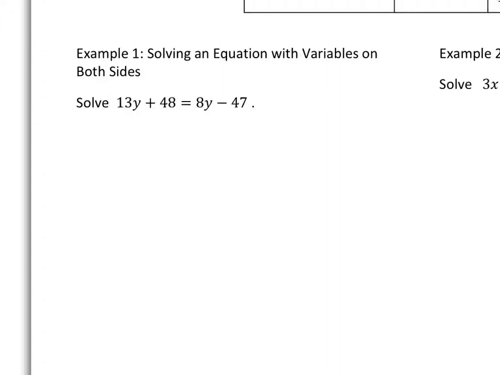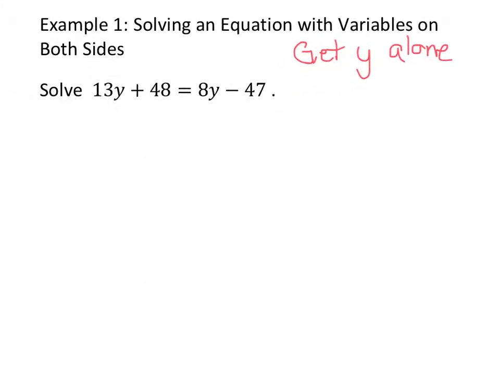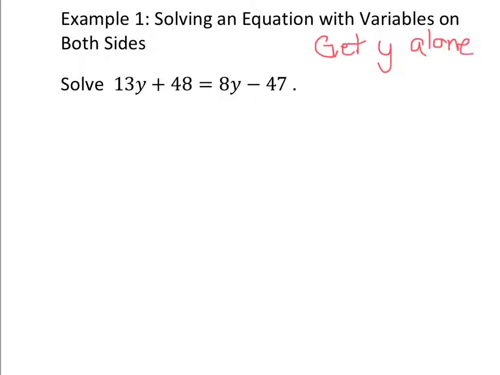So what's our variable here? Y. So we need to get y alone. Or basically our answer needs to be y equals and then everything else. So what do we need to move? Let's look at this side. We need to move things away from y. Start with the things farthest away. So over here, let's move it to the other side.